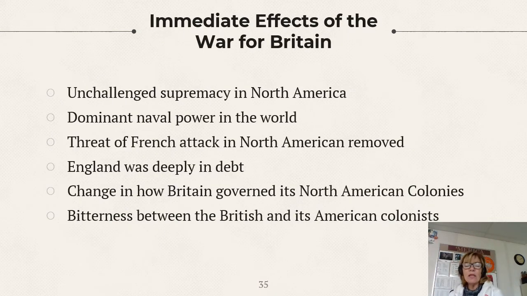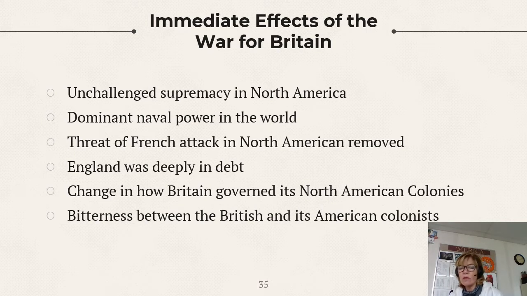All right, so the immediate effects of the war is that England is no longer challenged in its supremacy in North America. It is the most powerful military in North America. They're the dominant naval power in the world. There's no longer a threat from the French in North America. But the bad part is they're very, very deeply in debt.